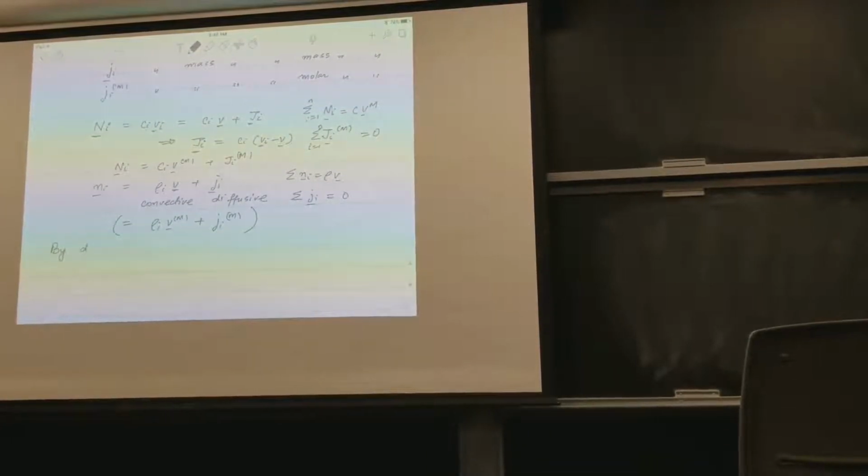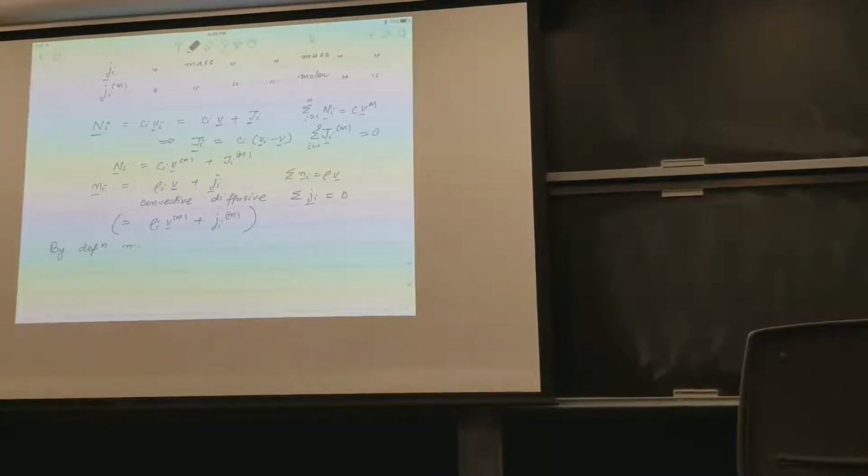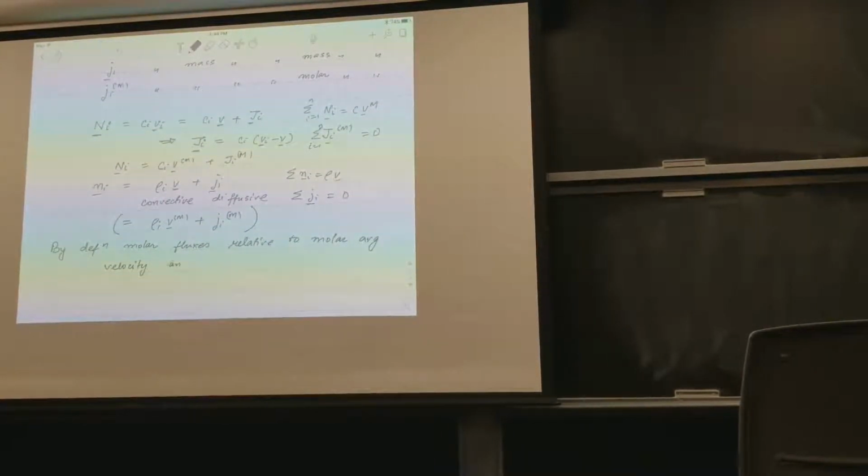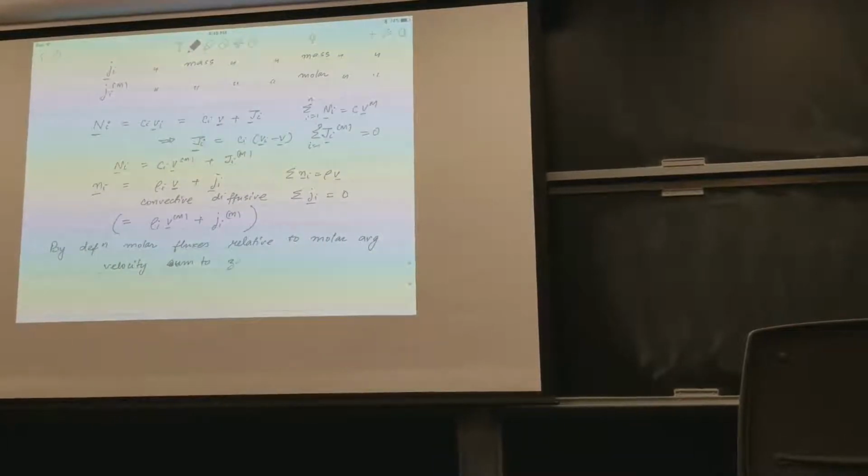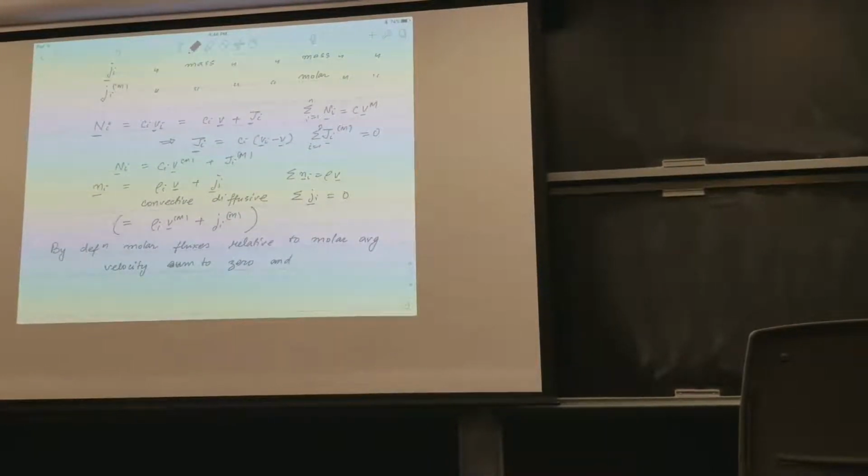So by definition, molar fluxes relative to molar average velocity sum to 0, and mass fluxes relative to mass average velocity sum to 0.